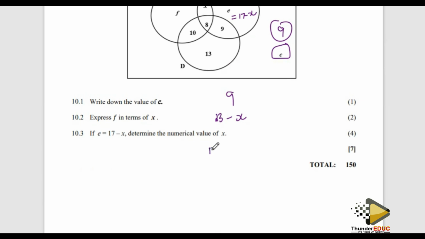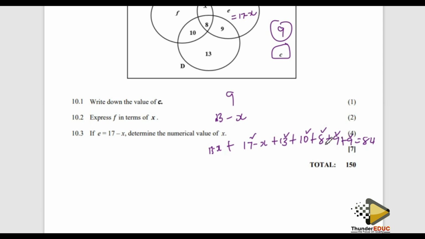So it's going to be 23 minus x plus the 17 minus x plus the 13 plus the 10, the 8, the 9, and then another 9 must give us 84.